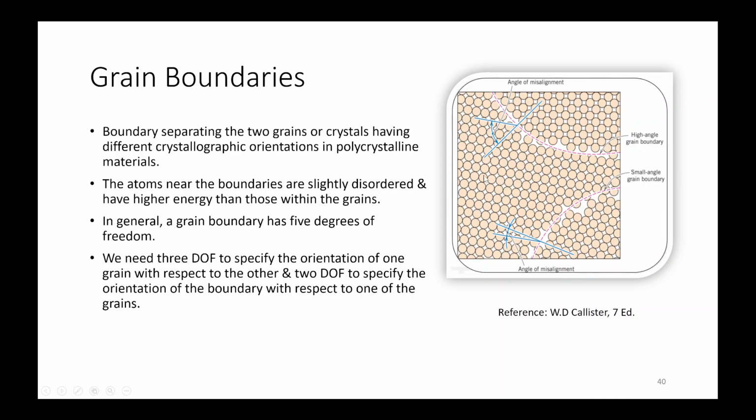In the crystalline part of the material, an atom present there will have less disorder. In general, a grain boundary has 5 degrees of freedom: 3 degrees of freedom to specify the orientation of one grain with respect to the other, and 2 degrees of freedom to specify the orientation of the boundary with respect to one of the grains.